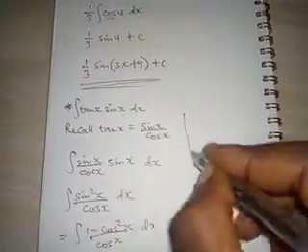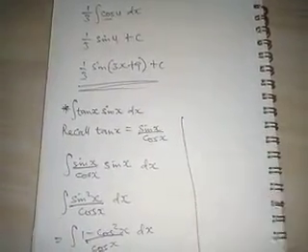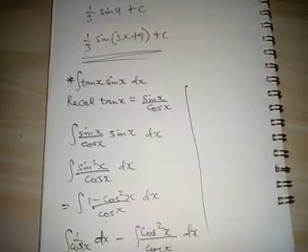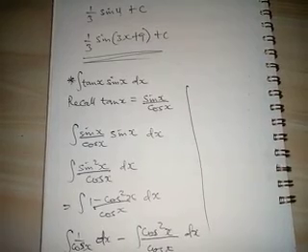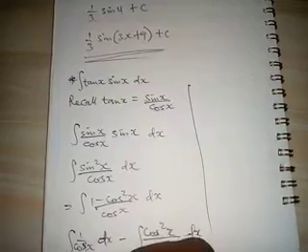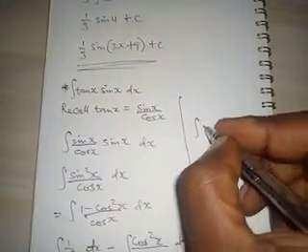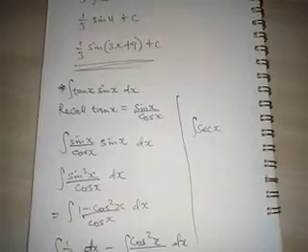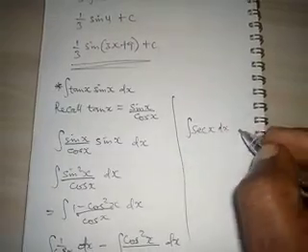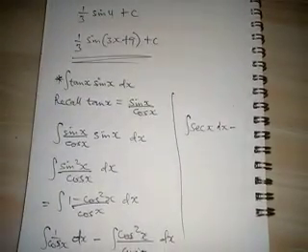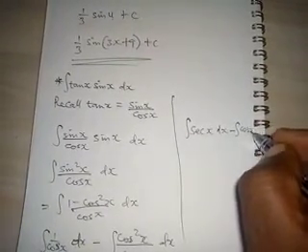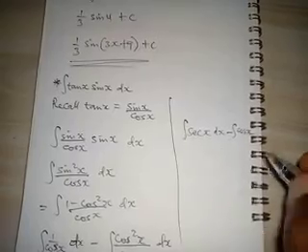Having gotten to this place, 1 over cos x is already sec x, so we can say integral of sec x dx, minus, one of these cos x will remove one of these, so only one is remaining, integral of cos x dx.